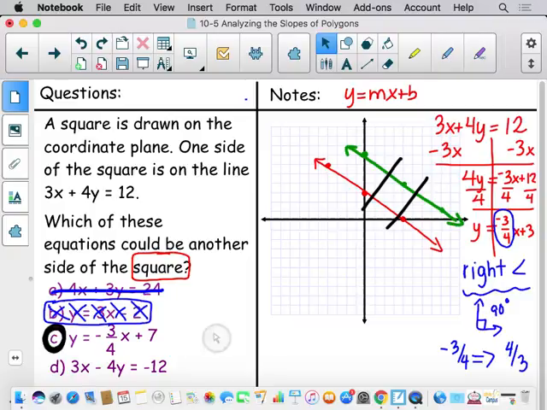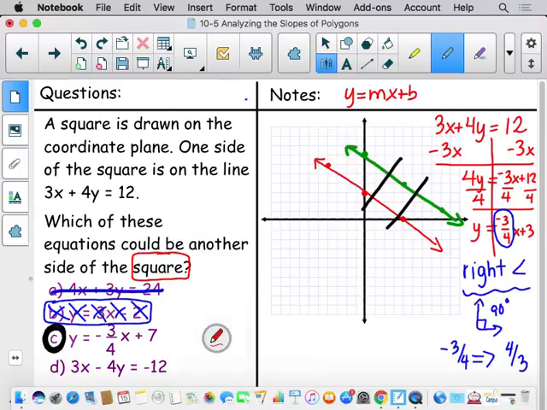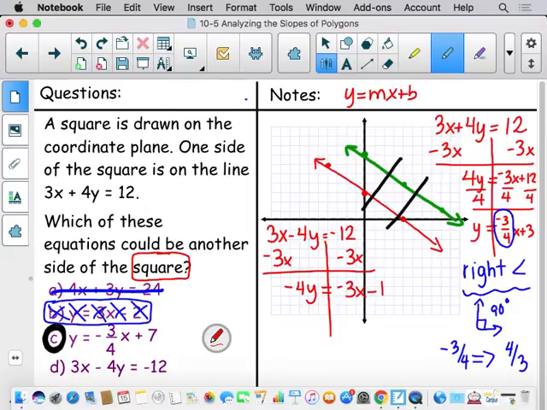Now I'm going to check the bottom one, because it says which of these equations could be another side of the square. There could be more than one answer here that works. So I'm going to check the last one: 3x minus 4y equals negative 12. If I subtract 3x, negative 4y equals negative 3x minus 12.